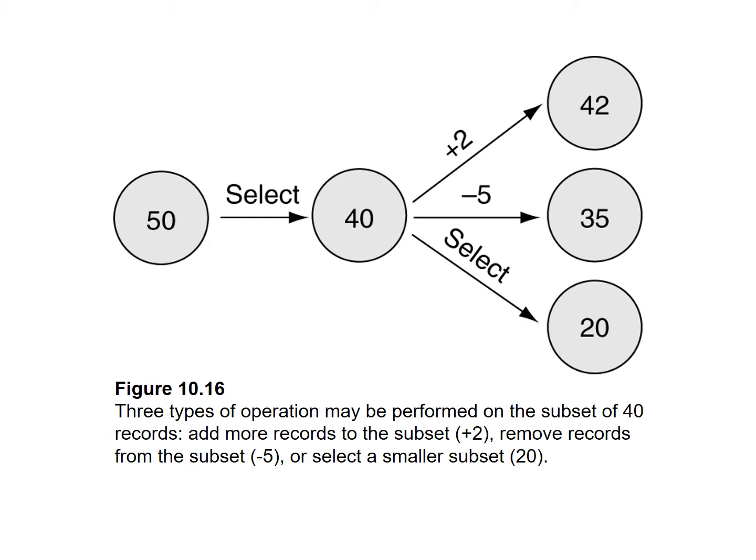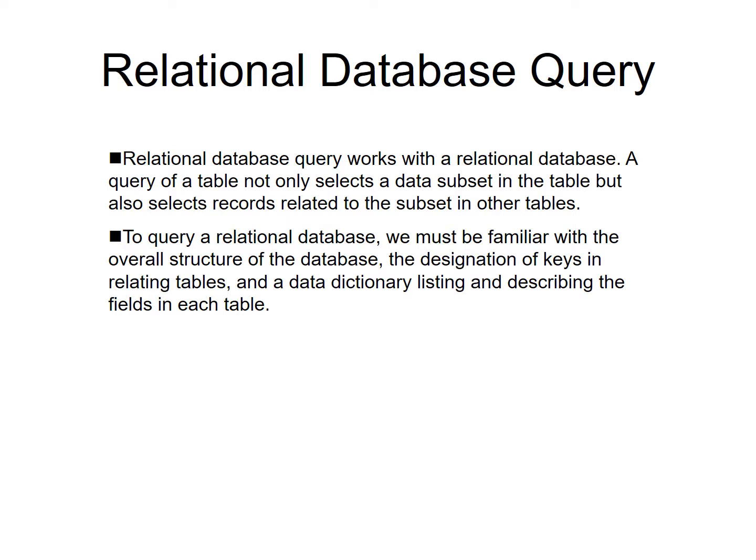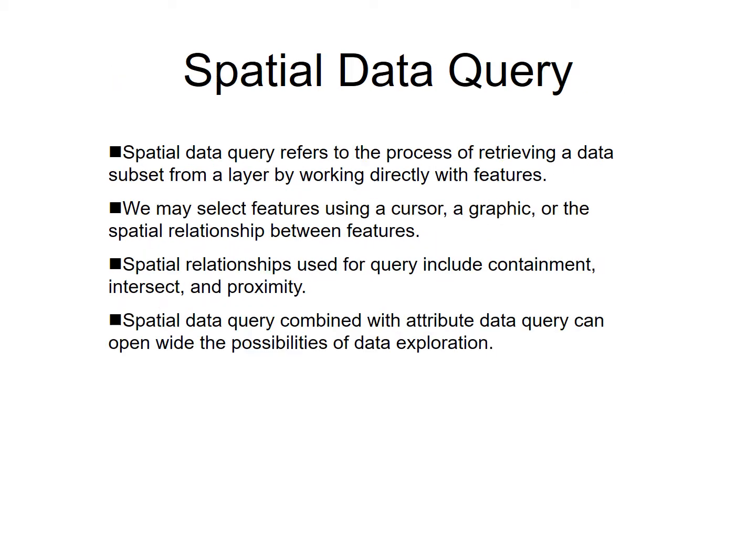There are 3 types of operations that can be performed. Subsets, and on subsets, that means you can either select from that, add to it, subtract from it, or select another subset. Relational database query works on a relational database. It's a query of a table. It not only selects a data set in the table, but also selects all the related data in the subsequent other tables.